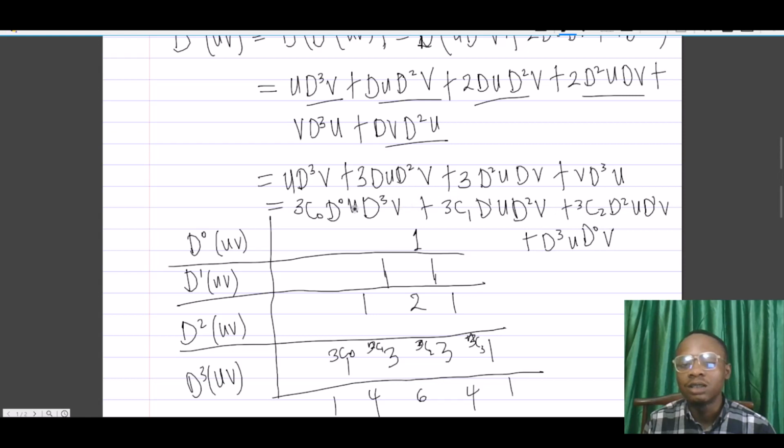So the order of the derivative for v is going from 3 to 2 to 1 and then to 0, whereas the one for u goes from 0 to 1 to 2 and to 3.